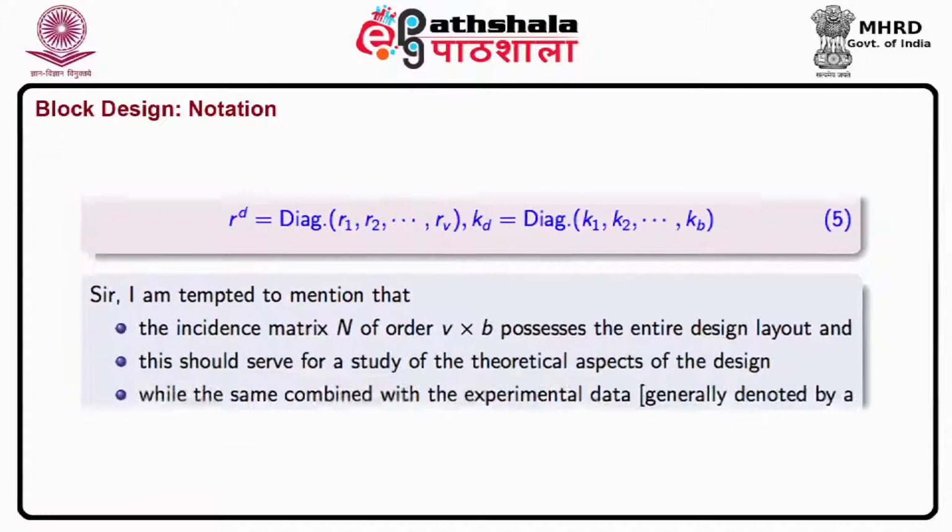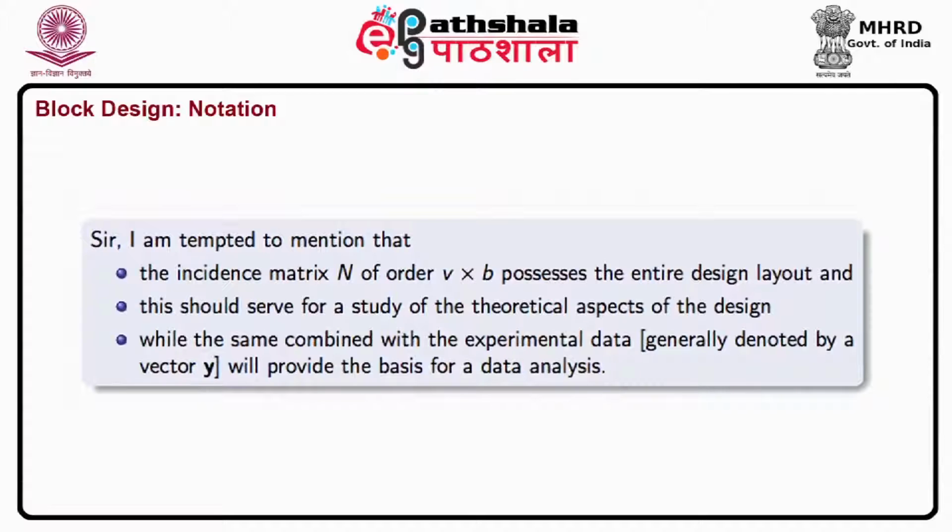Okay. Yes, sir. Now, sir, I'm tempted to mention that the incidence matrix, capital N, of order V cross B, as we have mentioned earlier, possesses the entire design layout, and this should serve for a study of the theoretical aspects of the design, while the same combined with the experimental data, generally denoted by a vector y, will provide the basis of a data analysis.